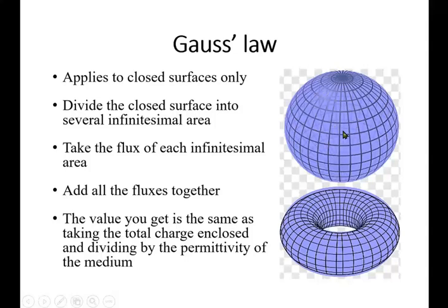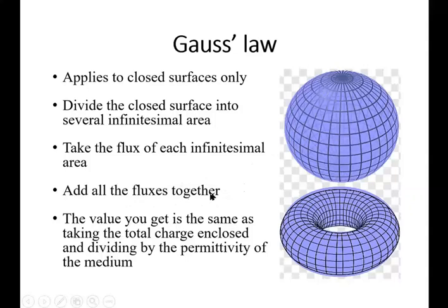If it has a charge, then the electric field around the charge will be emerging out of the sphere. If the electric field is emerging out of the surface of the sphere, then we can take the flux for each small surface. Then the next step is to add all the small fluxes that we've calculated.